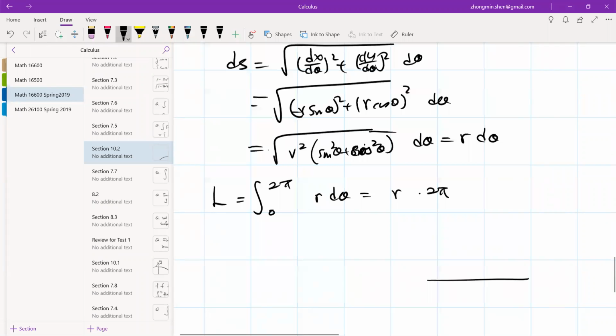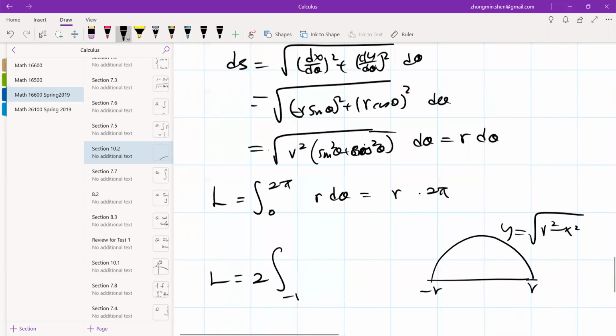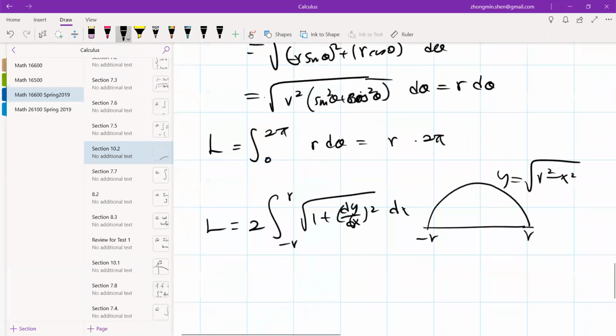So another way, as you remember, the length is twice the length of the semicircle. What you're going to do is integrate from -1 to +1, with ds, so the square root of 1 plus (dy/dx) squared, dx. Then you have to differentiate that one.